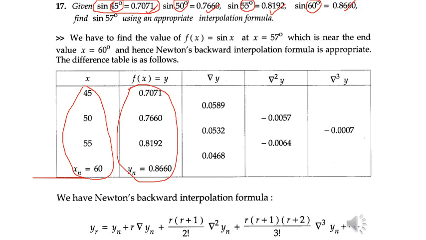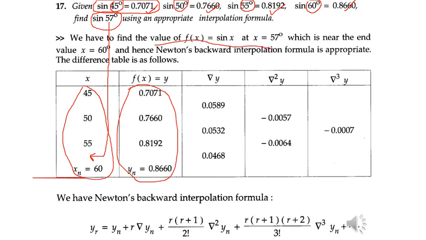Okay, now what they are asking in the question, they are asking us to find sine 57. Now the question is which formula we need to use. Since this 57 falls in the second half, see here, at the end of the x values, which formula is appropriate here? Newton's backward interpolation formula.